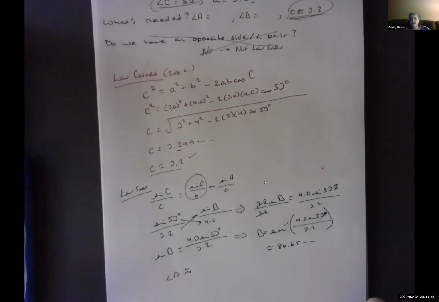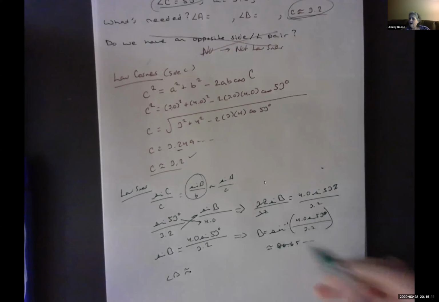Let me make sure I typed it all in there. And you know what? I'm going to go ahead. What did I tell you all earlier? I said it's always nice if you don't round until the end of a problem, right? Let's not round until the end of the problem because that's going to throw it off.